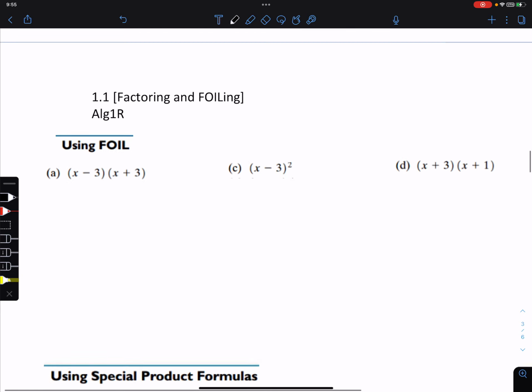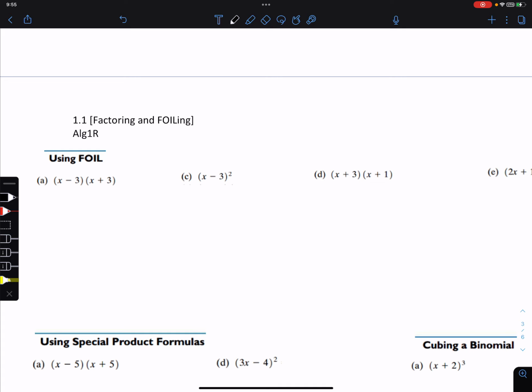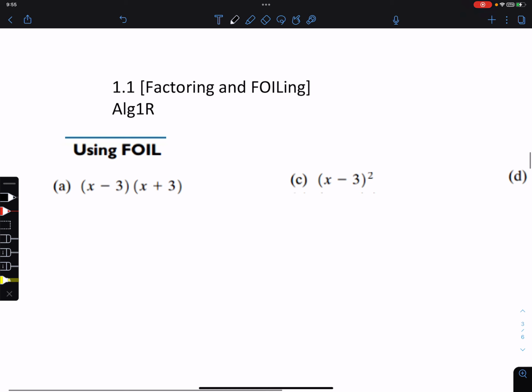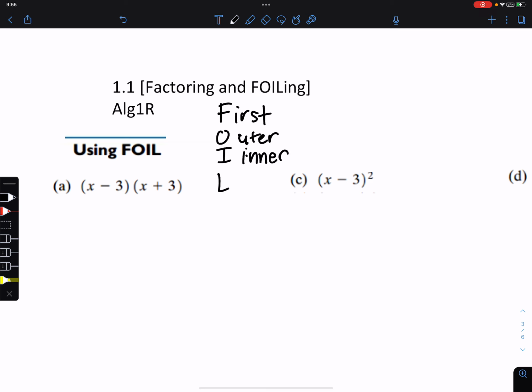So, using FOIL. I don't really like to explain what foiling is. Technically the acronym means first, outer, inner, oh crap, there's already an I, inner, and last.